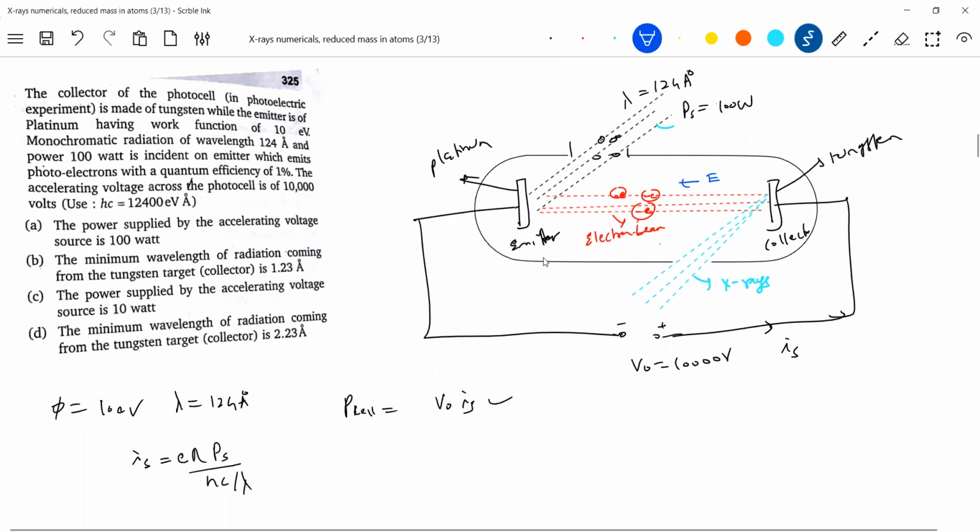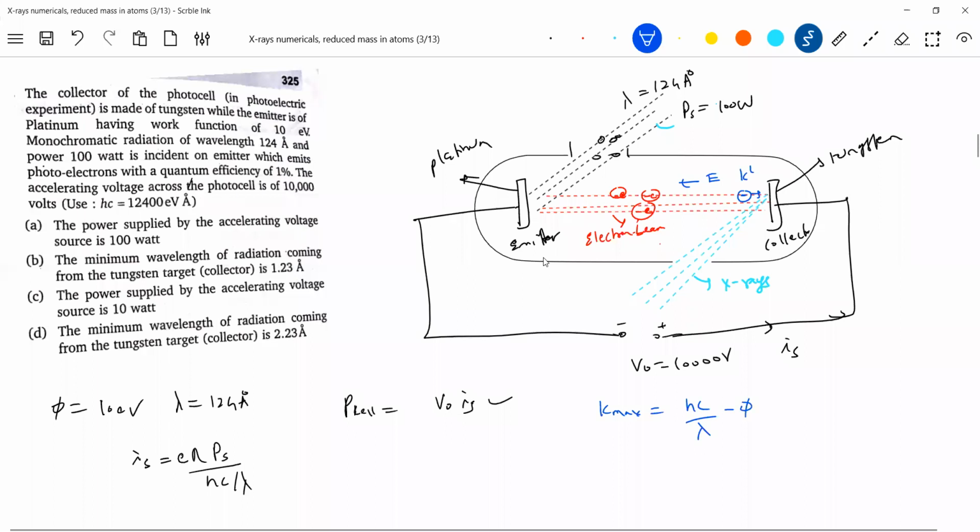This electrostatic field will accelerate them. By the time they reach here, what will be the kinetic energy of the incident electrons? Call it K dash. Here they'll be ejected with K max. K max you can write as hc by lambda minus work function.